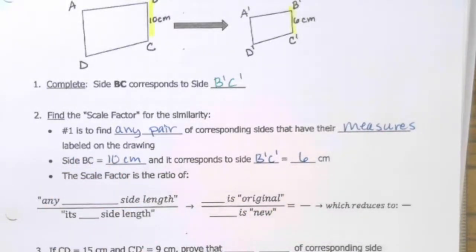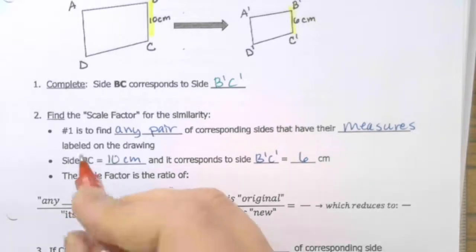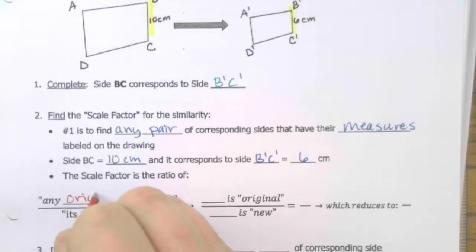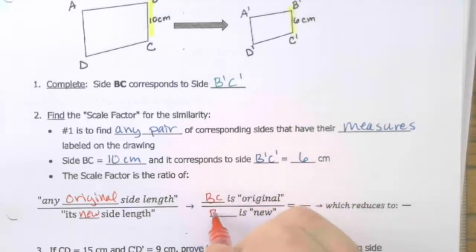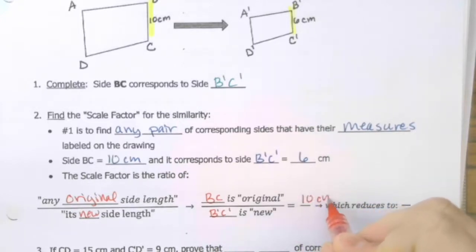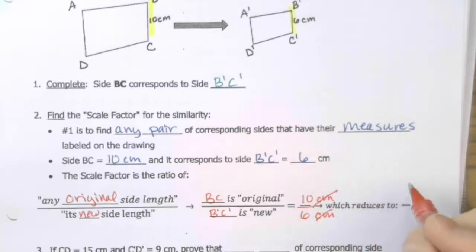So when we set up the proportion, it's always original over new. Always, always, always. So BC is original, B prime, C prime is new, and that gives us 10 centimeters over 6 centimeters, which of course the units cancel out and it reduces to 5 over 3. That's our scale factor.